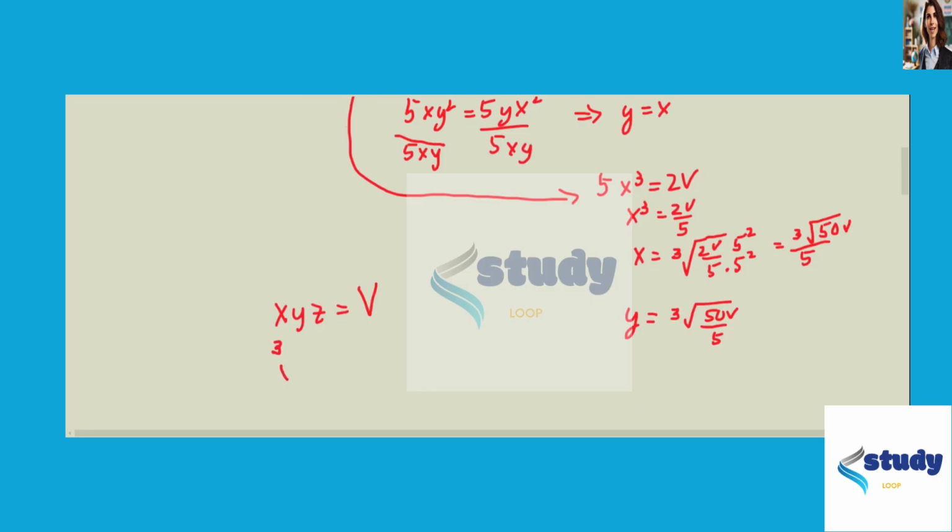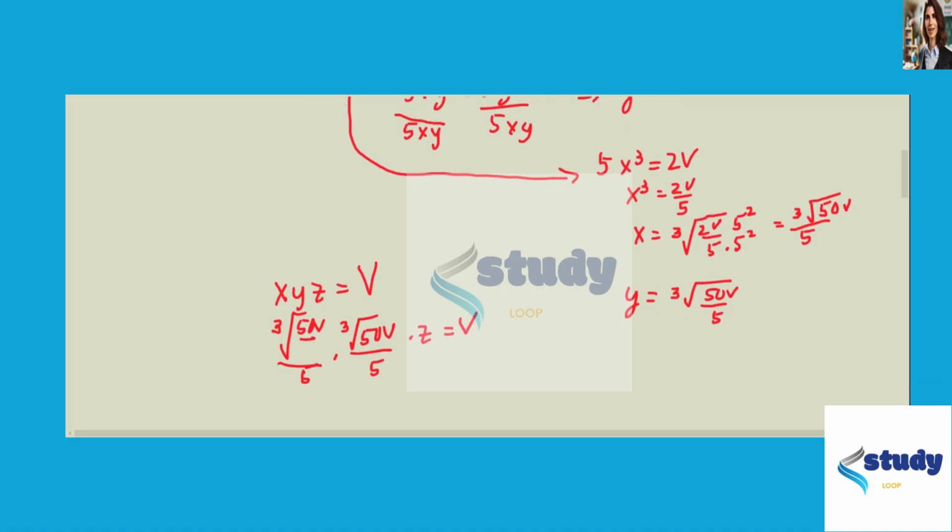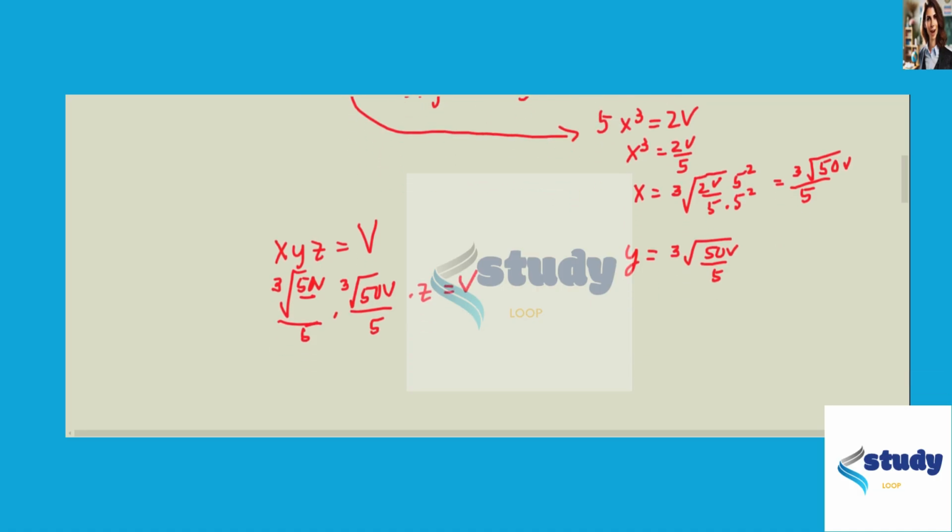So cube root of 50V over 5 times cube root of 50V over 5 times Z equals V. 5 times 5, that's 25. So I'm going to multiply that over here, 25V. In here we have the cube root of 50 squared V squared, Z. So I'm going to divide that over to the other side, 25V over cube root of 50 squared V squared.